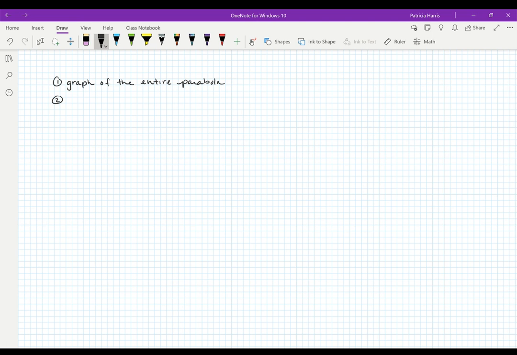The second way is they will tell you where certain aspects of the parabola are.